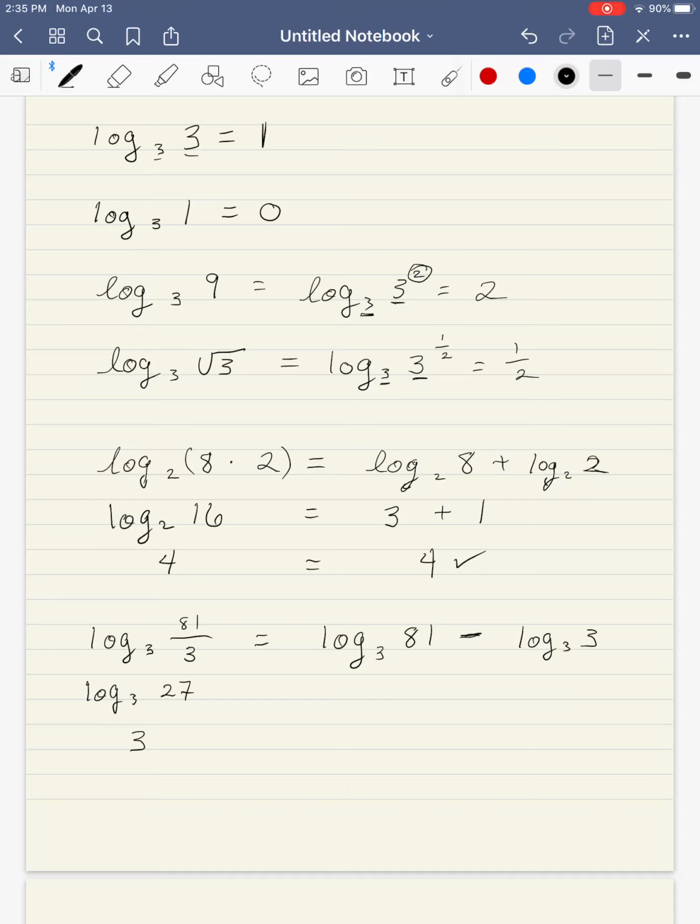And 3 to what power equals 27? 3 cubed equals 27. If I work down on the right-hand side, 3 to what power equals 81? 3 to the 4th power equals 81. And 3 to what power equals 3? 3 to the 1st power equals 3. 4 minus 1 equals 3. So that's why those principles work.